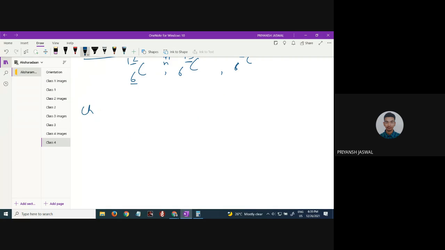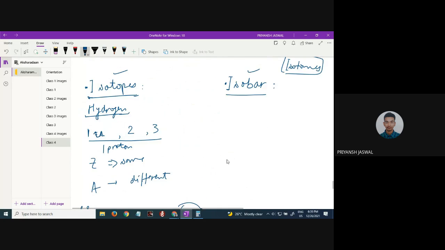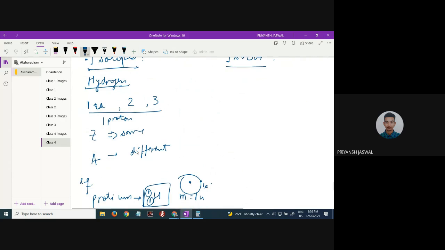And similarly, chlorine also has isotopes, 17Cl35 and 17Cl37. They both have 17 protons, but the number of neutrons varies by 2. So isotopes are atoms of the same element having the same number of protons or same atomic number and different mass number, that is, different number of neutrons.